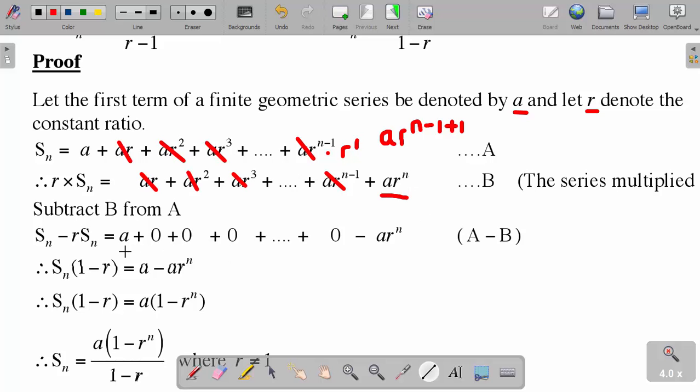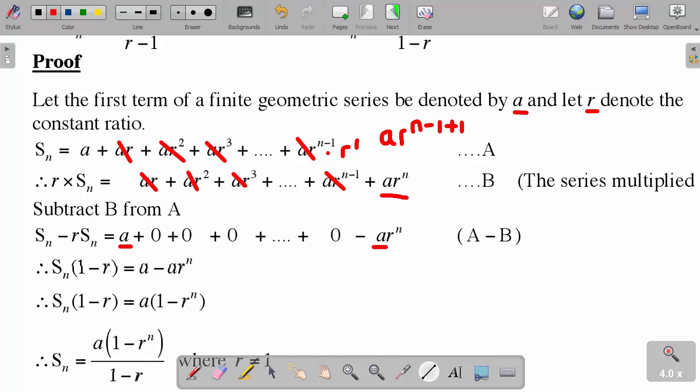So that means Sn minus R Sn equals the first term A plus 0 plus 0 plus 0 plus so many 0s, up to minus AR power n. That's A minus B. Now if I take this out, I see that this A is constant. It is here and also here.